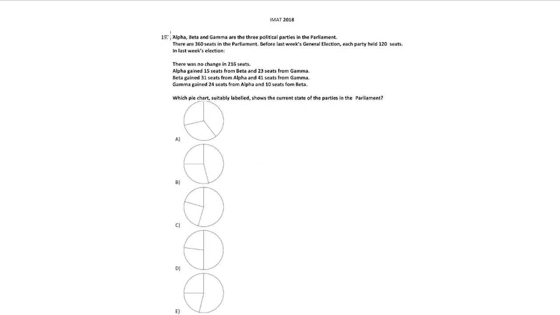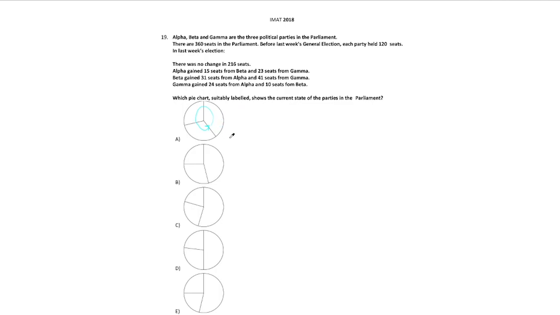Number 19. Alpha, Beta, and Gamma are the 3 political parties in the parliament. There are 360 seats in the parliament. So we can see that the answers give us some pie charts, and a pie chart is actually a circle, and a circle is actually 360 degrees.